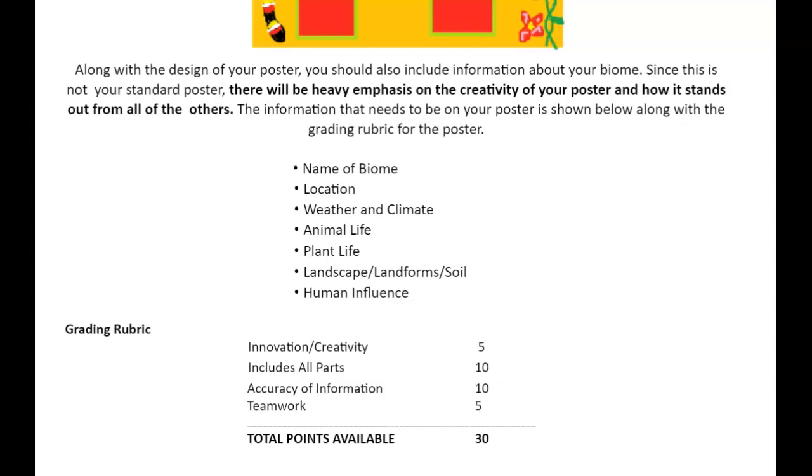So the main animal life would be things like we're heavy in mammals, we're heavy in birds, we have quite a few insects, and then what are some of those main types of mammals, of birds, of insects that we have in our area? Same thing with plant life, we don't need a whole laundry list.